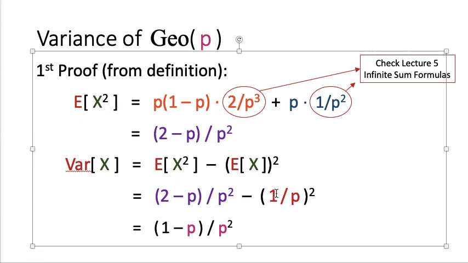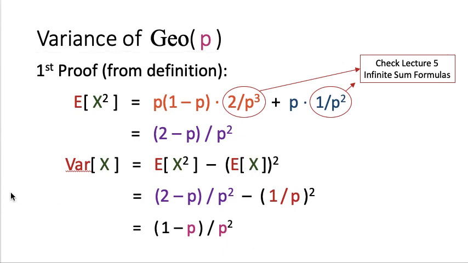It is just 1 over p. So we deduct 1 over p squared from it. So there is 2 divided by p squared minus 1 divided by p squared. We get 1 minus p instead of 2 minus p, and finally divided by p squared. This is the end of the first proof.